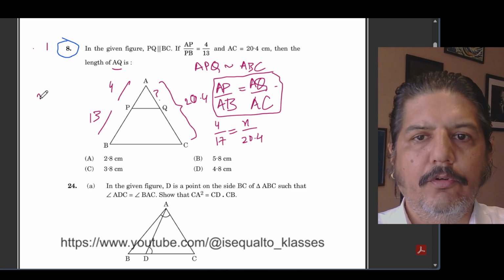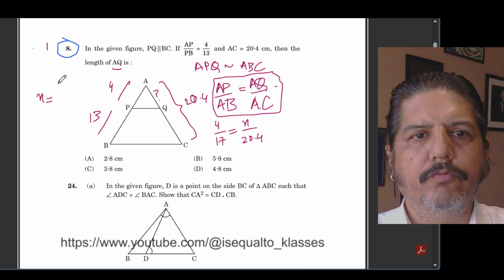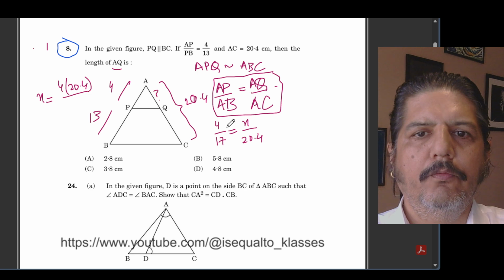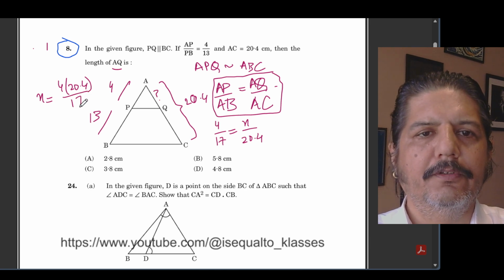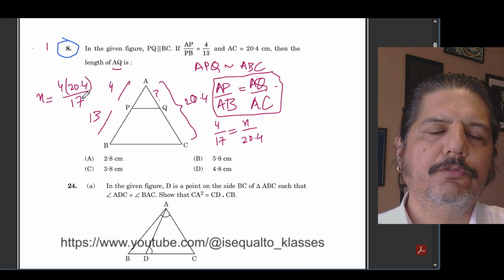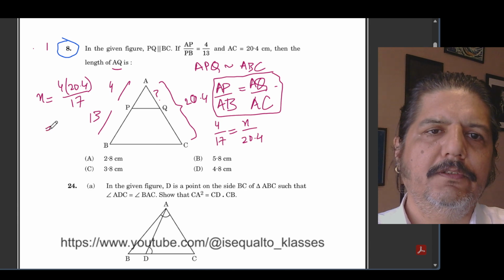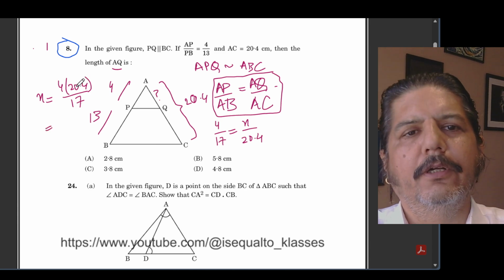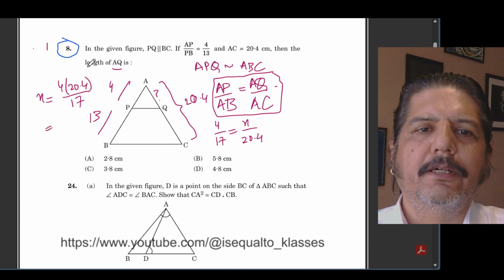So when I calculate for X, X is equal to 4 into 20.4 upon 17. Now, when you are doing these kinds of calculations, I have seen a lot of my students start by multiplying 4 by 20.4 and then dividing. You don't have to do that.